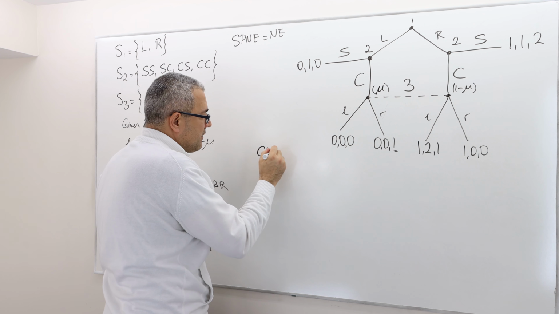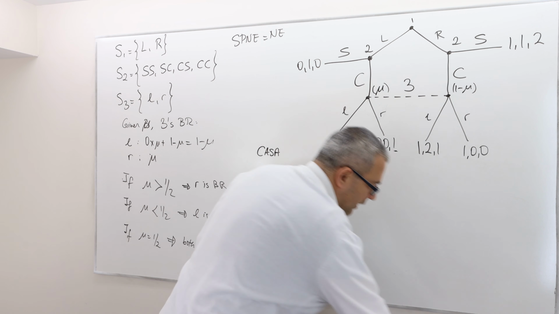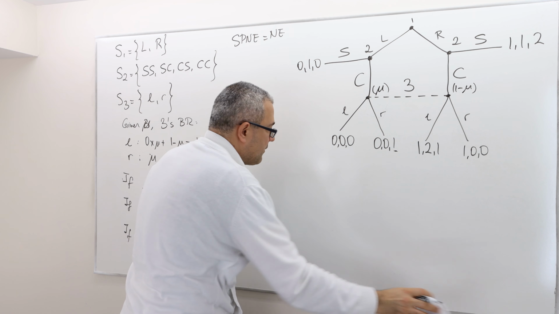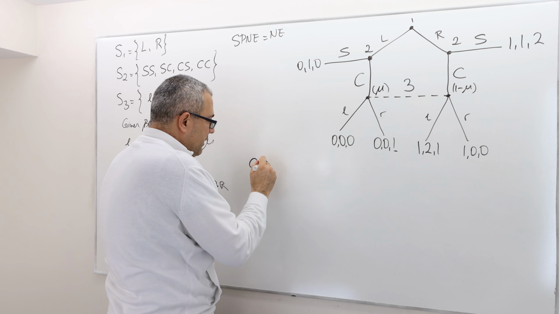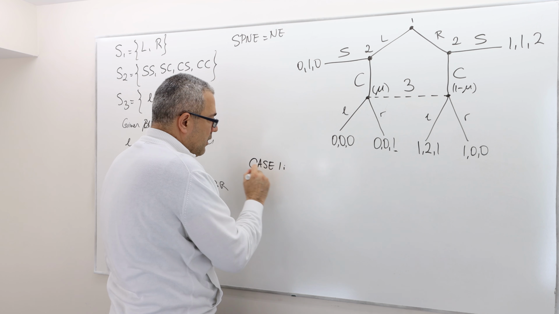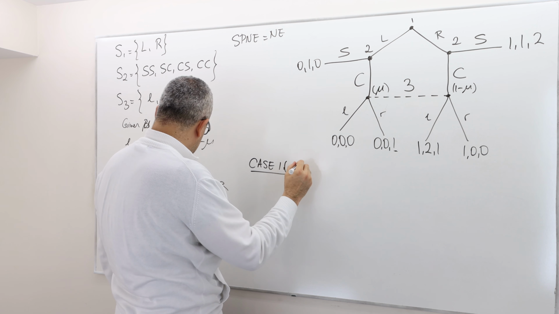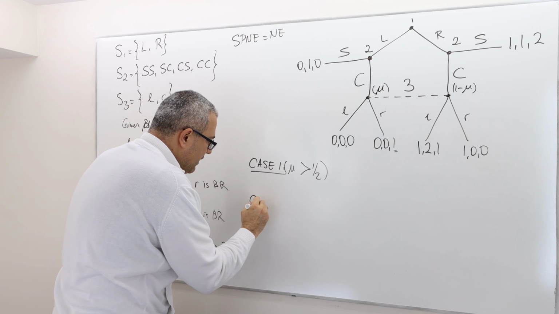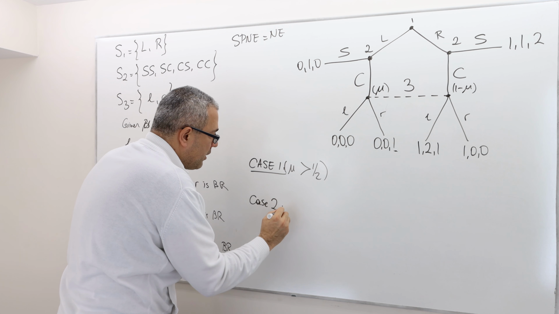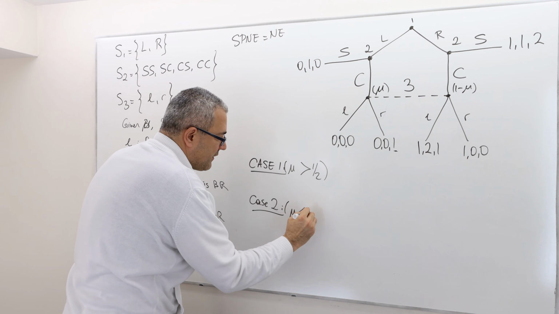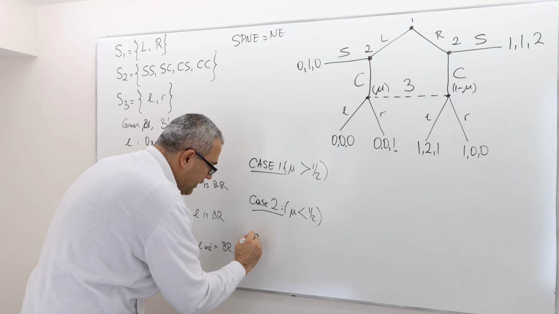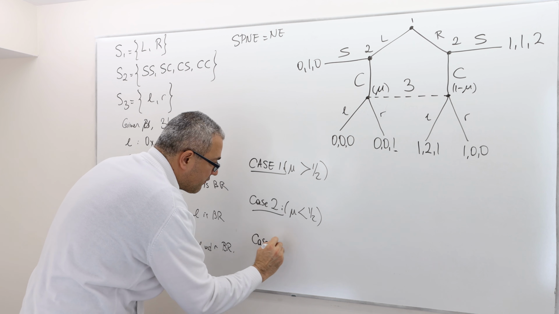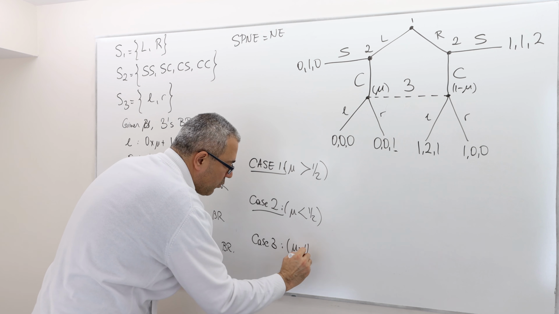Let's call it case 1, where mu is greater than 1/2. Then case 2, where mu is less than 1/2. And finally, case 3, mu is equal to 1/2.